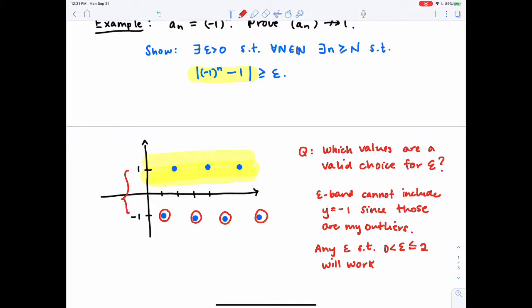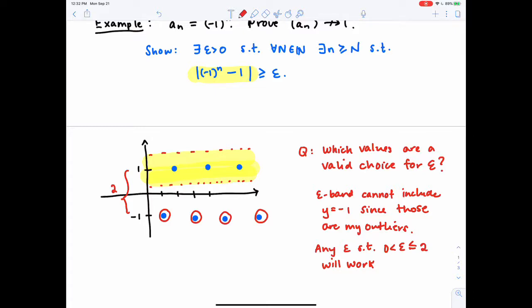This is a distance of 2 wide. And the epsilon band does not include its limits, the edges of the band. Remember, it's a dashed line. So if epsilon were 2, my band would go right up to -1, but -1 would be the boundary and it wouldn't be included, which means all of those points would be just on the edge of my band at -1, and those would still be outliers.